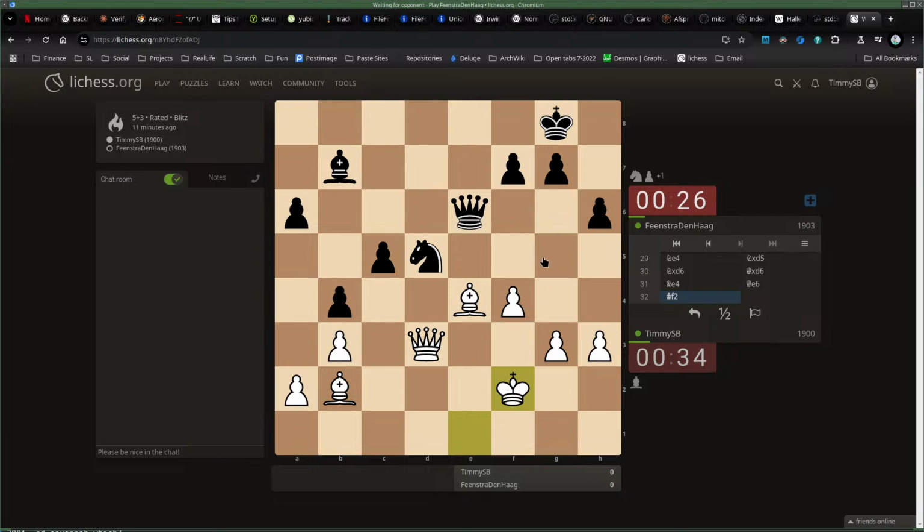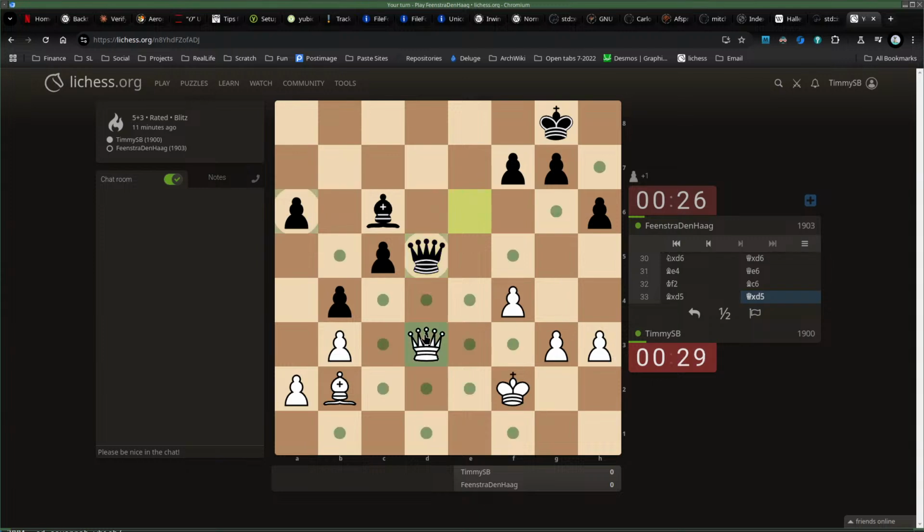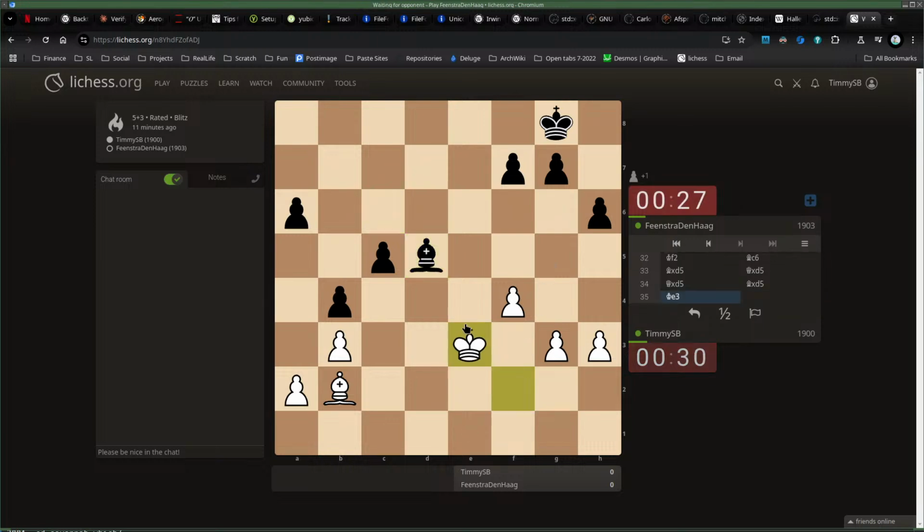Not sure if that was good. Can take a pawn. Could take the pawn, pretty sure about that. No, he's coming in like crazy, so I have to exchange. But that's actually not that bad. Yeah, damn it.